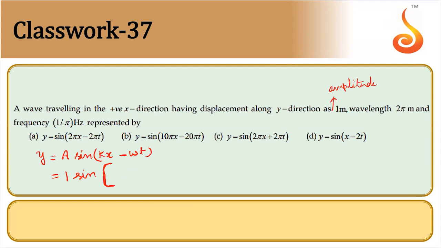So k value is 2 pi by lambda. Lambda is 2 pi, into x minus omega, which is 2 pi into f, that is 1 by pi, into t. That should be sine of x minus 2t. That is option D.